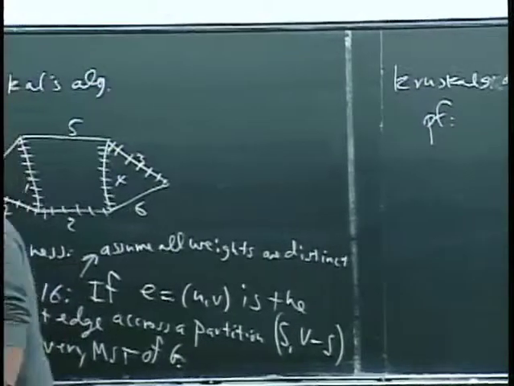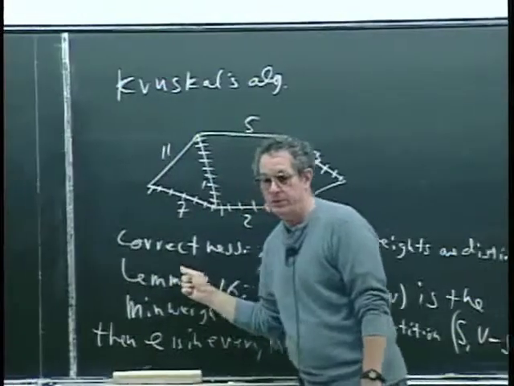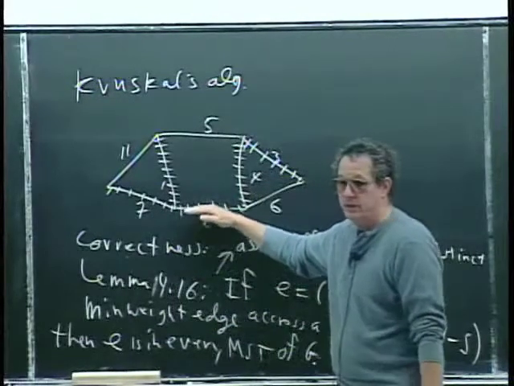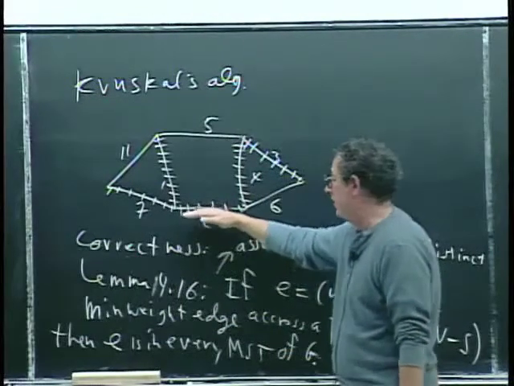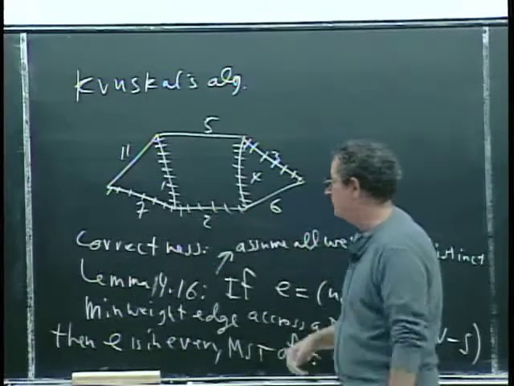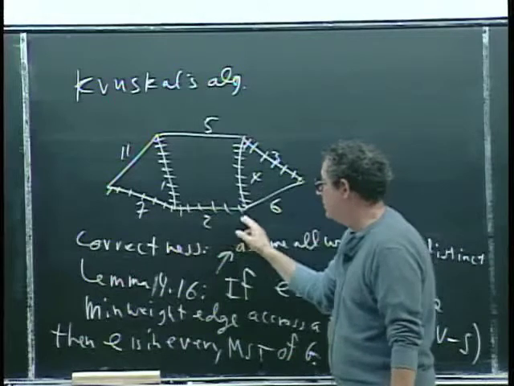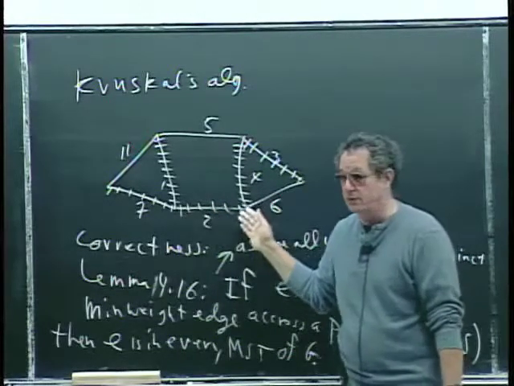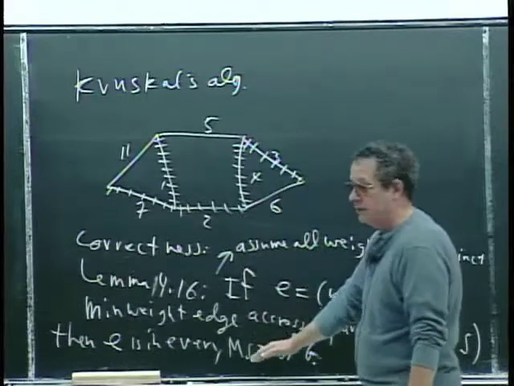Yeah, we're going to use this lemma. So we just want to argue that every time Kruskal selects an edge to put into the minimum spanning tree it's building, it is at that moment the minimum weight edge across some partition of the nodes, just so that this lemma can be applied.